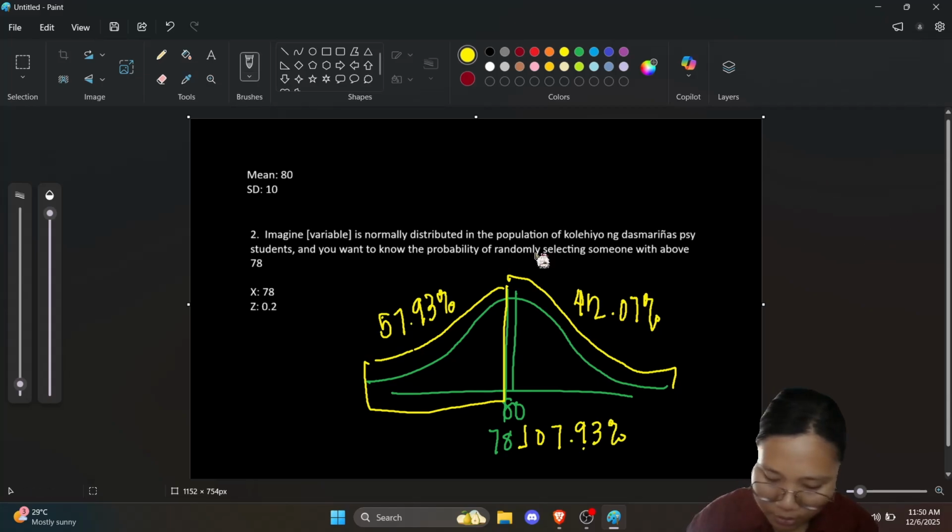To answer this question, what is the probability of randomly selecting someone with a score above 78?